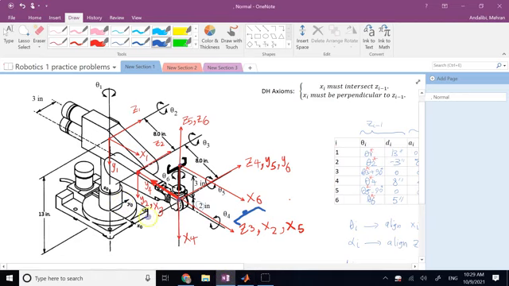So if this is y of the base, it is this way. So it is going to open and close this way. But that's okay. So this is going to be your y6 almost. This is going to be your x6. And this is going to be your z6. And the rest of the robot is formed such that your end effector comes here with those 6 angles.